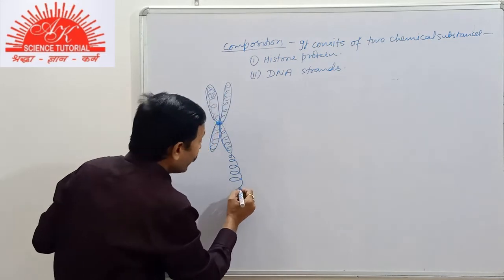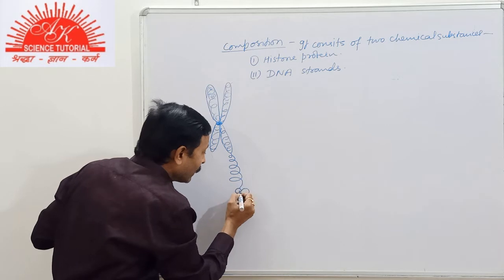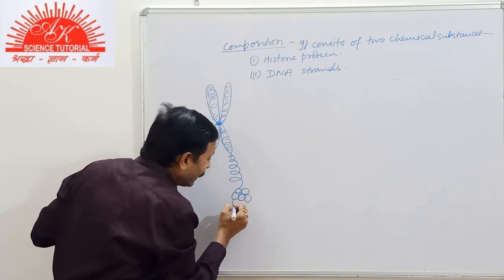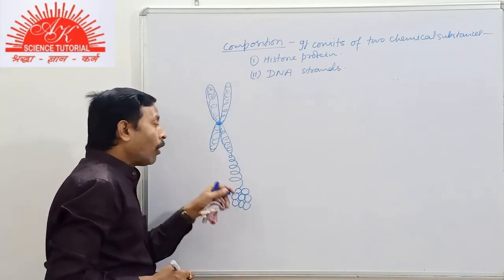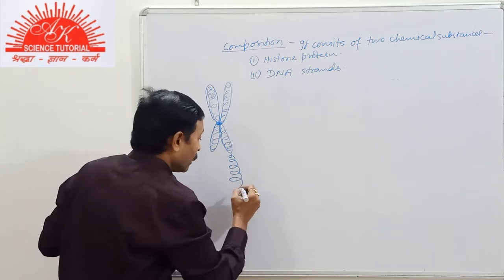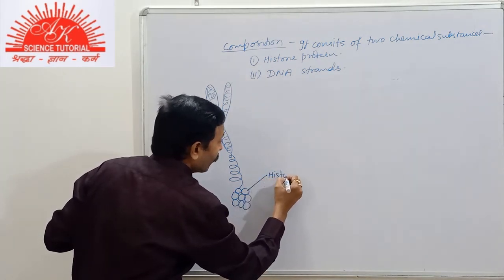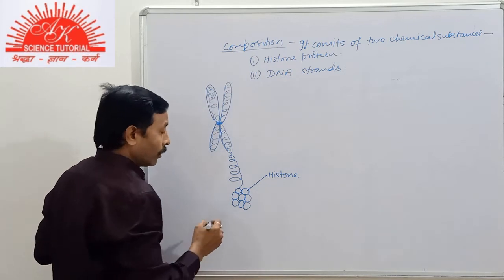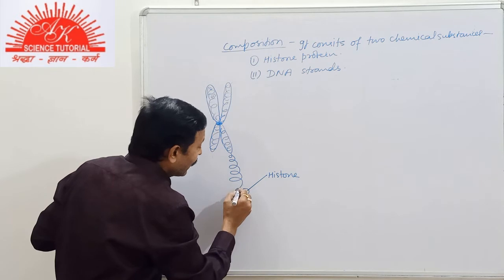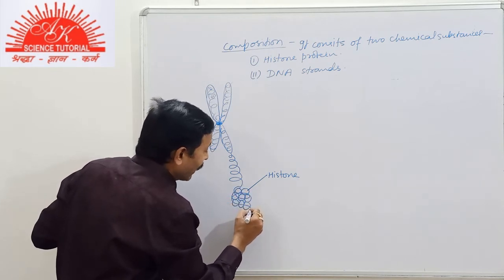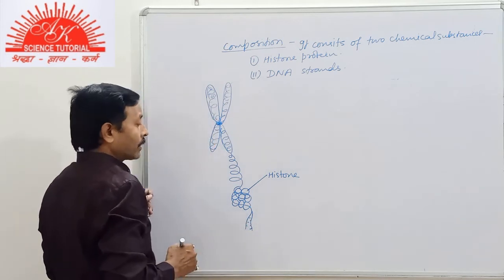Now, when it is further unraveled, you will observe that there are about 8 small ball-like structures. These ball-like structures are histone, and the 8 ball-like structures are then surrounded by DNA strands, which further divide into 2 strands.